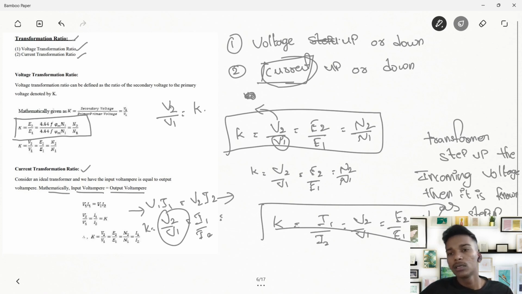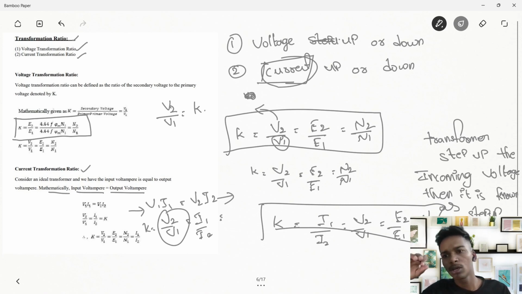For example, if we are getting 11 kilovolts to the transformer, but we need somewhere around 25 kilovolts, we will use a step-up transformer in that scenario to step up the voltage to meet our requirements.